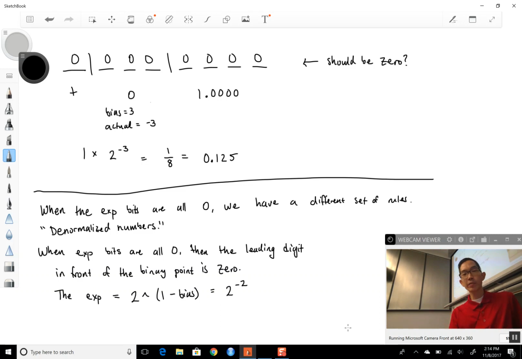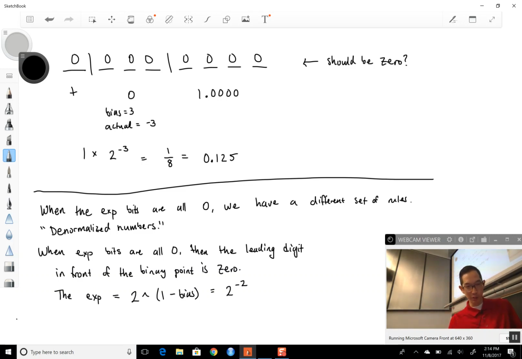So when we have 0, 0, 1 in the exponent, our exponent portion is 2 to the negative 2. And then even when we have 0, 0, 0, the exponent is still 2 to the negative 2, but what has changed is that this leading digit is now a 0 rather than a 1.